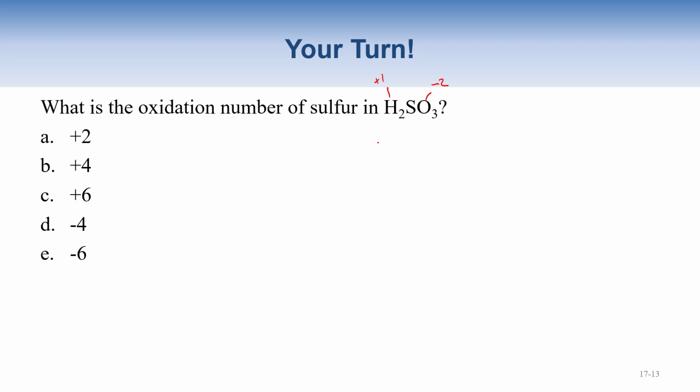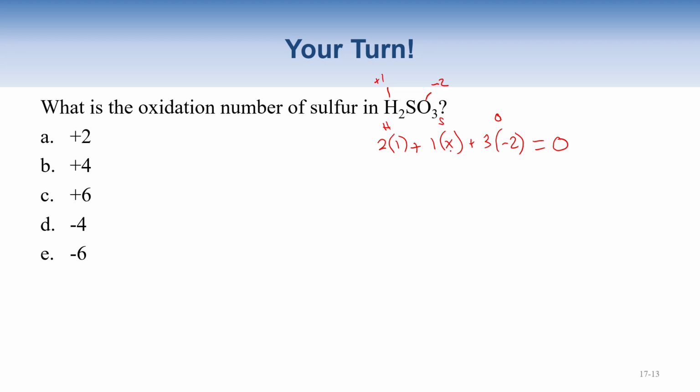So we have 2 of those hydrogens plus we have 1 sulfur, and I'm going to put X for sulfur, plus we have 3 of the oxygens, which are set to -2, and we're going to set that equal to the charge on it, which there's no charge.